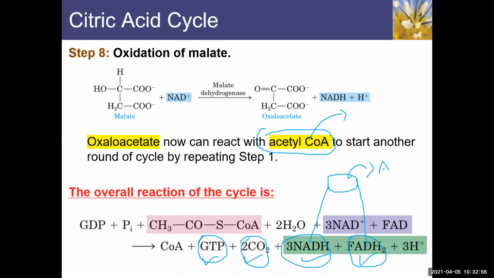No. We started with the acetyl-CoA, right? So TCA cycle will oxidize acetyl-CoA to what? To the carbon dioxide, right? Yes, it's the carbon dioxide. It will oxidize acetyl-CoA to the carbon dioxide which we exhale out.